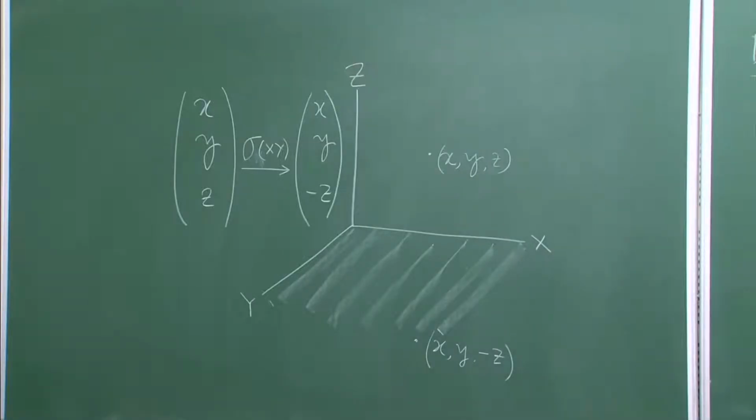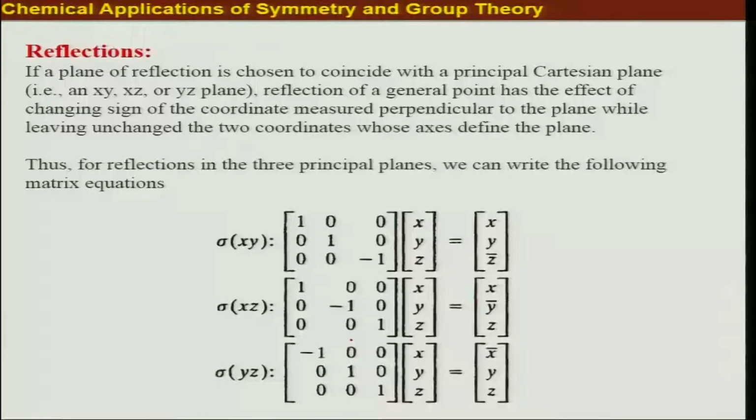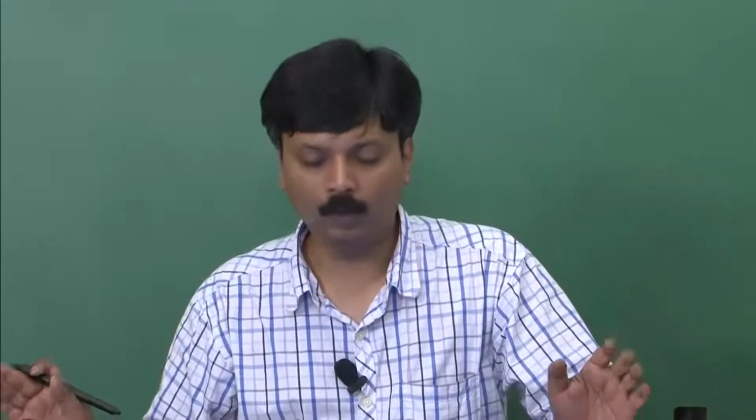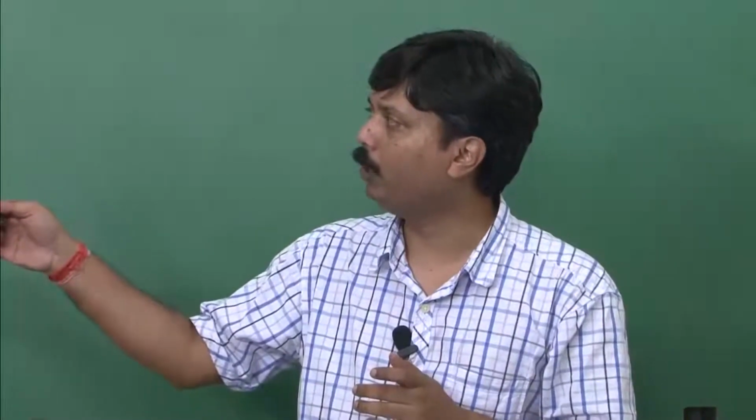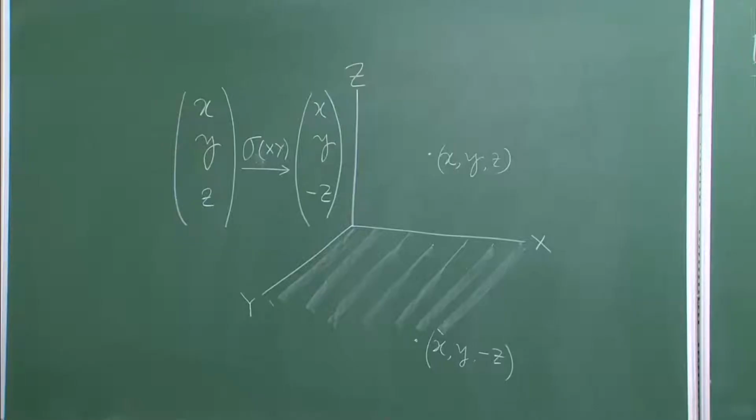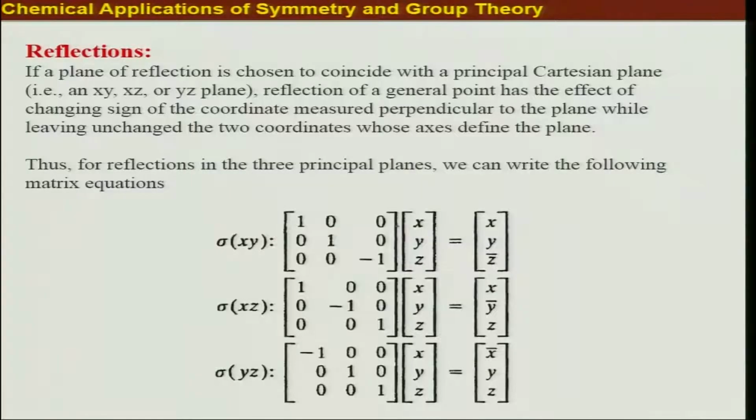So in order to find the matrix form for this particular operation sigma xy, I have to form a matrix which makes this transformation from one column vector to another column vector. Here, if you look at your screen, you can see the matrix representation for sigma xy, and this will be pretty easy for you to understand.